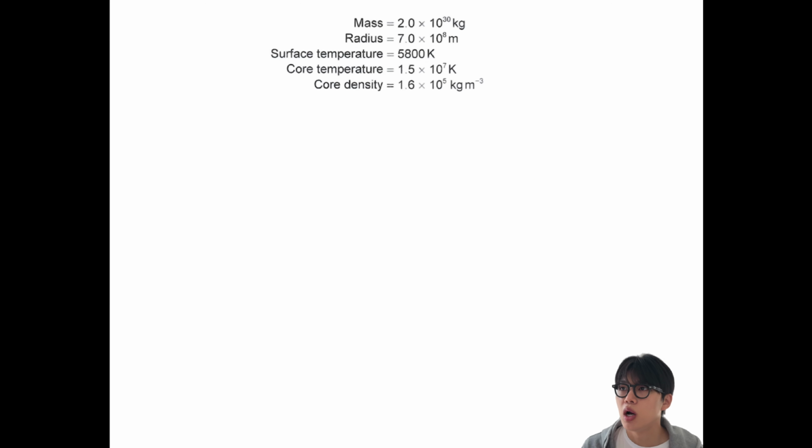Okay, so if you think about the conditions for nuclear fusion, we need really high core temperature, and also really high pressure, right? So we need to achieve those two conditions.